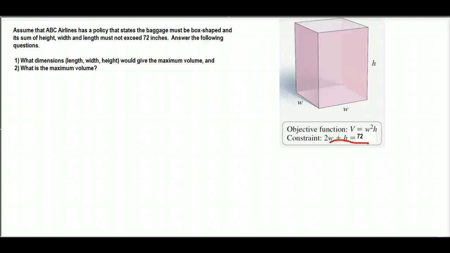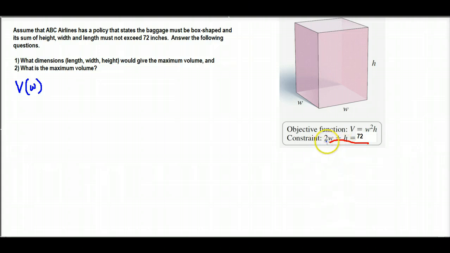And so to start this off here, we notice that the volume here is W squared times H. And we want volume just in terms of W. So if we want to find a function, just V of W here, then what we're going to have to do is rewrite this constraint equation to where it's just H equals something.